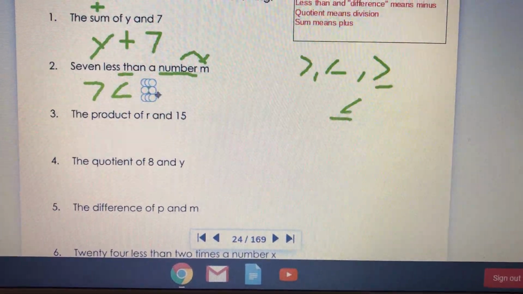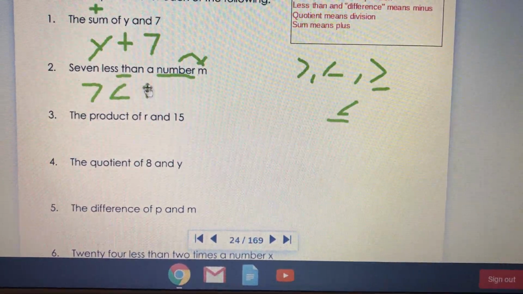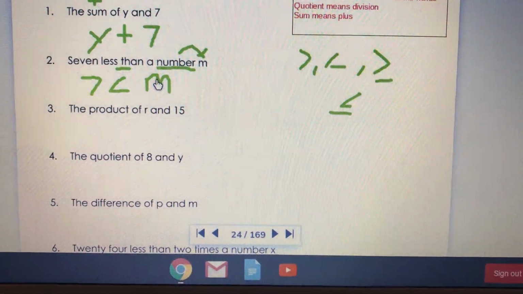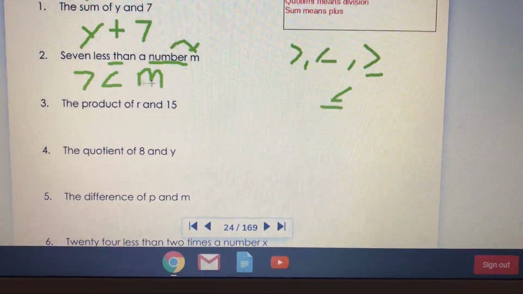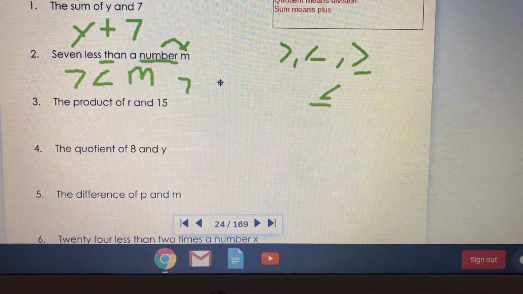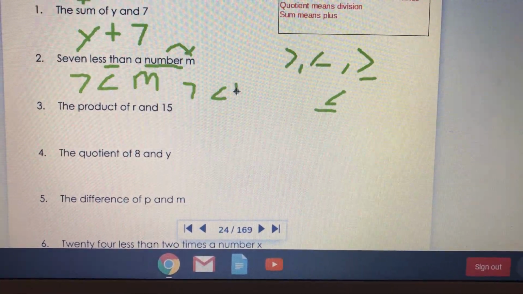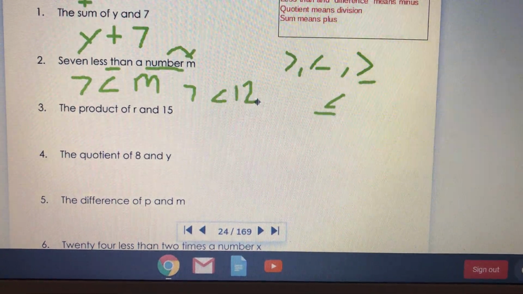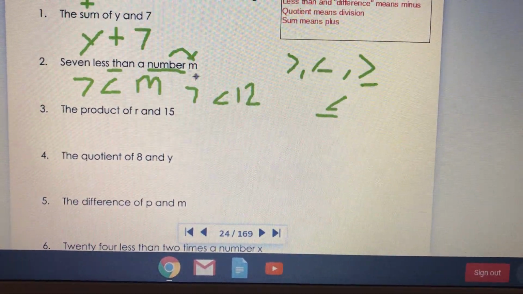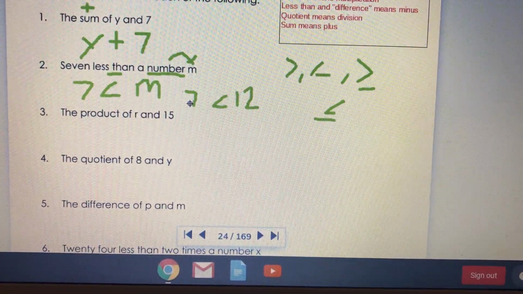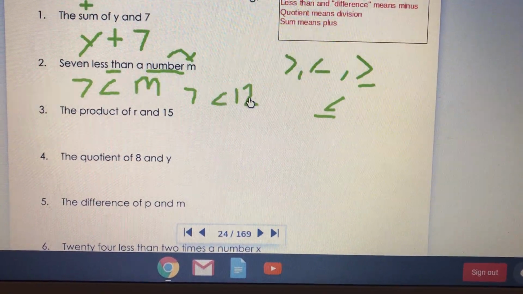And we can prove this by plugging in a random number that's bigger than 7. So we can put 7 is less than 12, because that is true. 12 in fact is bigger than 7. So this makes our statement or expression accurate. 7 is less than 12.